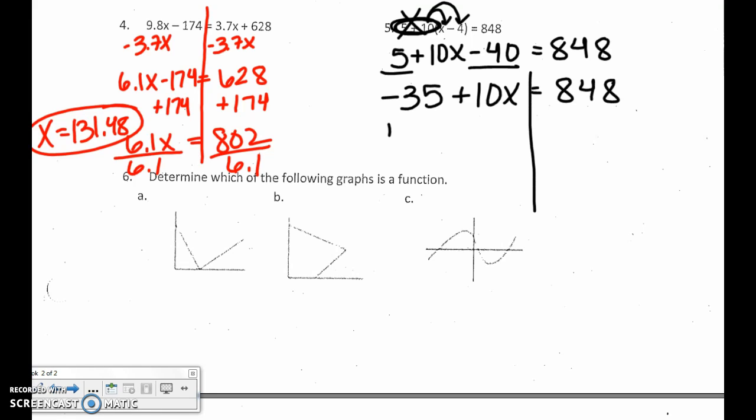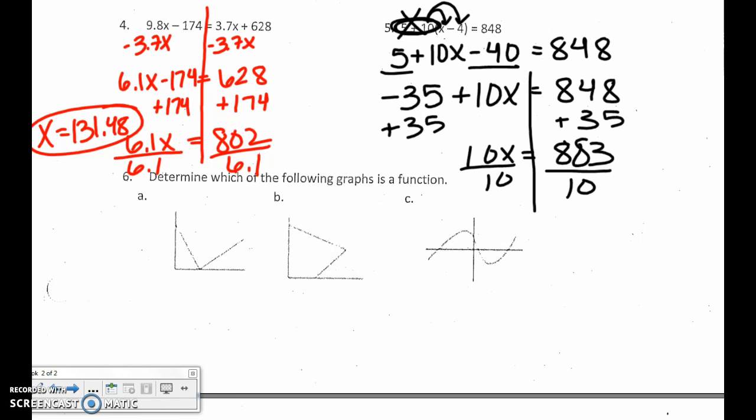And then it's a two-step. I'm going to add 35 to both sides. So I get 10x equals 883. Divide by 10. So I get x equals 88.3.